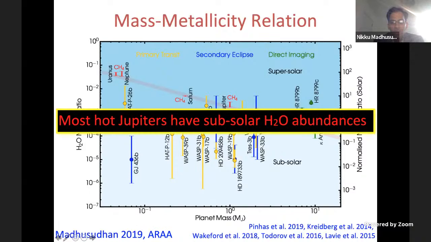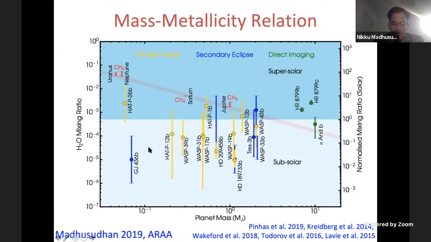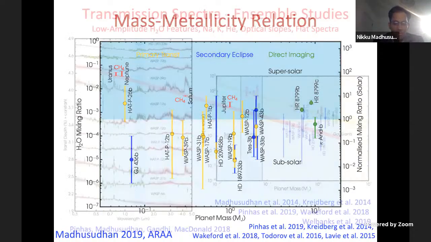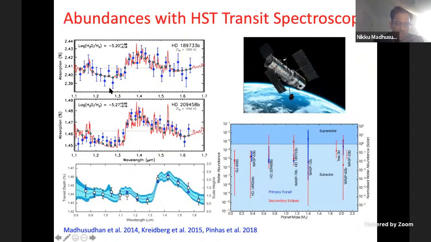So one thing we have noticed across the board, the abundances are still, the estimates have large error bars and so on. But one trend that is emerging already, which was already seen in the very first work that I was involved in, where the abundances were pretty low.